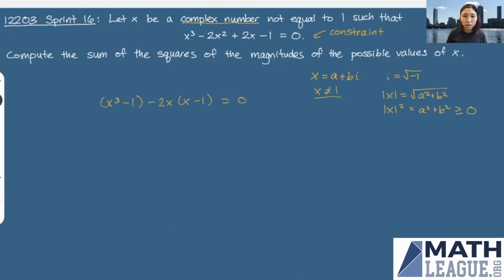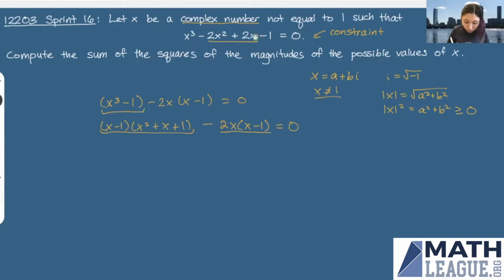x minus 1 somewhere. In fact, we know from difference of cubes that this x cubed minus 1 is equal to x minus 1 times x squared plus x plus 1. And that here has a factor of x minus 1. And similarly, we have our 2x times x minus 1 is equal to 0. And this thing here, this is from here.